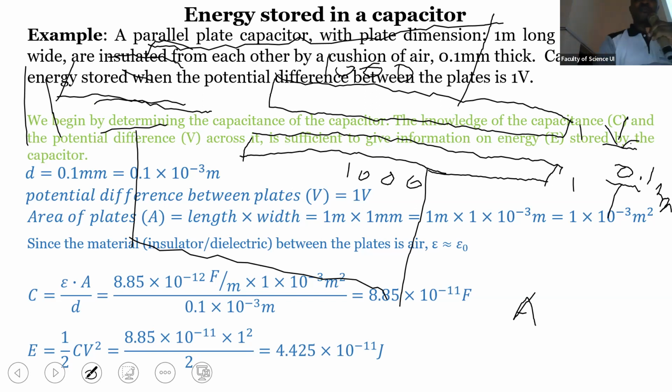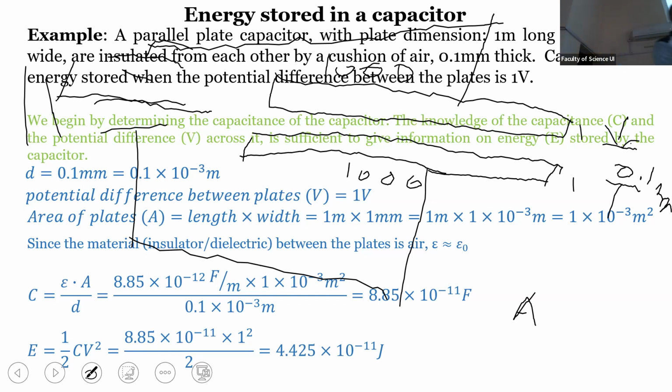We know the area A, we know the distance of separation D, and we know the permittivity, since it's a cushion of air. That's the permittivity of air, which is approximately the permittivity of free space, so we can use 8.85 times 10 to the minus 12 per meter. By doing that, we obtain the capacitance of that capacitor.